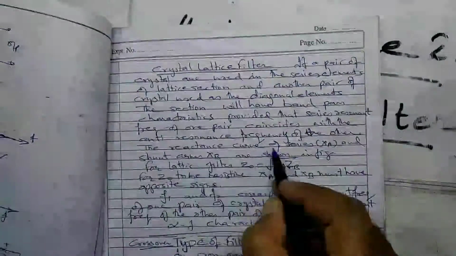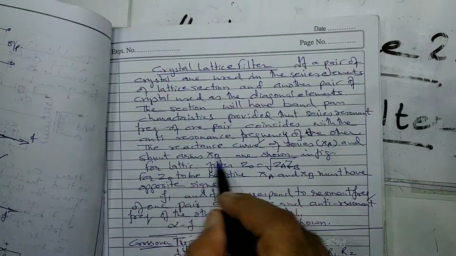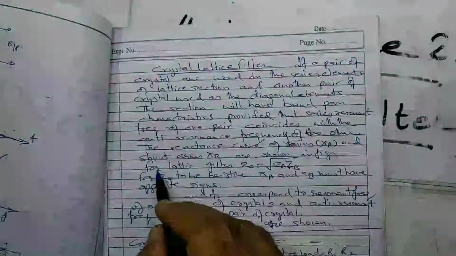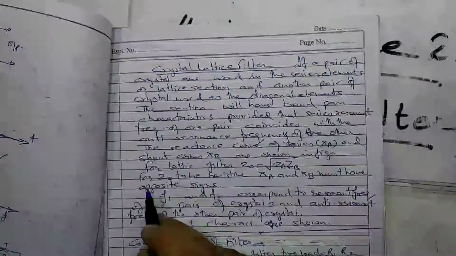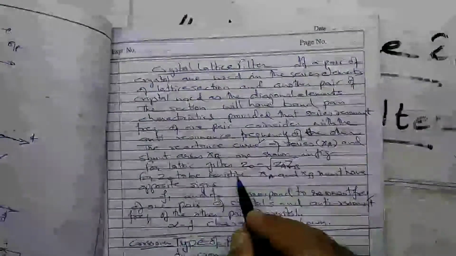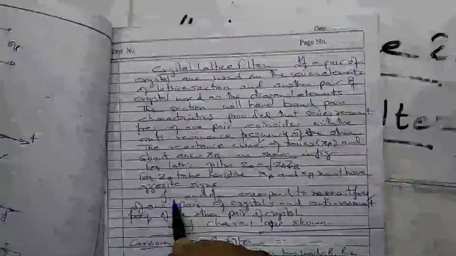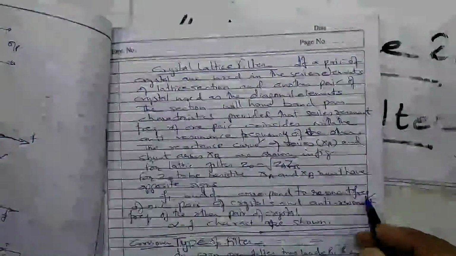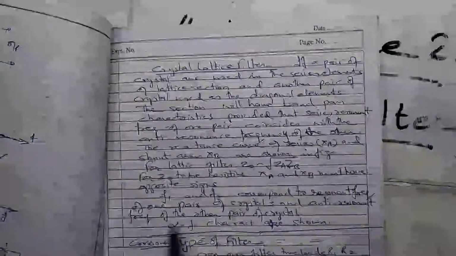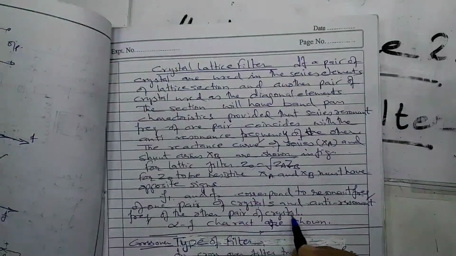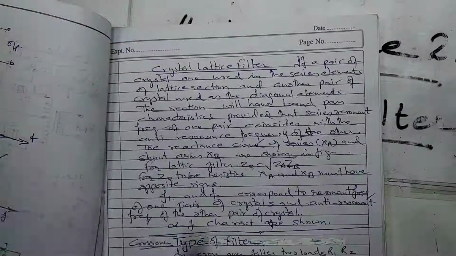The reactance curves of the series arm XA and shunt arm XB are shown in the figure. For the lattice filter, Z0 is equal to under root ZA ZB. For Z0 to be resistive, XA and XB must have opposite signs. F1 and F2 correspond to the resonant frequency of one pair of crystals and the anti-resonant frequency of the other pair of crystals.